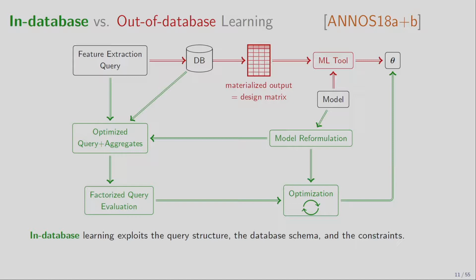We take the feature extraction query, which is a join of several tables, input or derived. We take additional information like schema. We put them in a melting pot, where we do the optimizations we've seen before for functional aggregate queries. And then we fit it into a factorized query evaluation engine, which will then spit out the values for these aggregates. And they will represent sufficient statistics for us to learn various models.